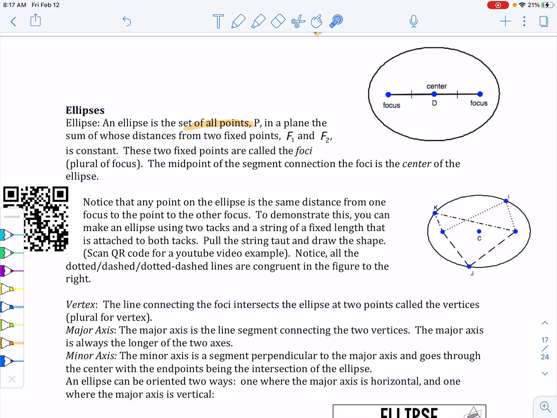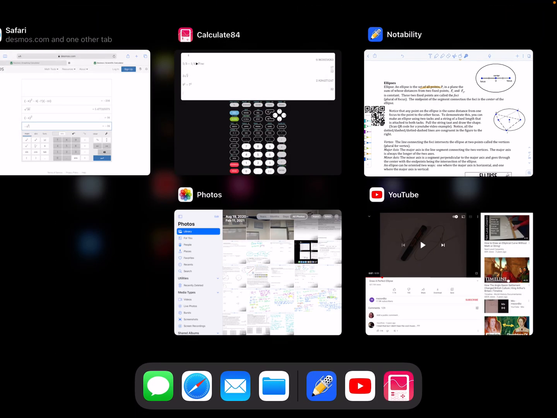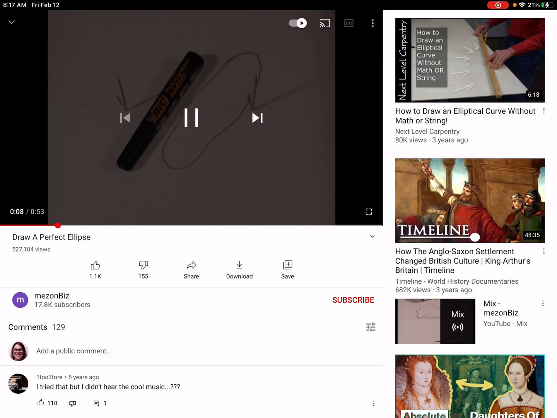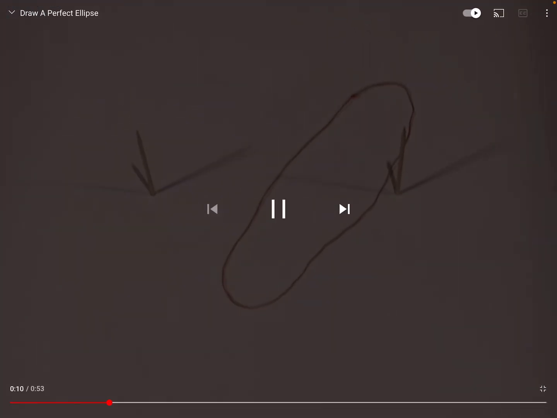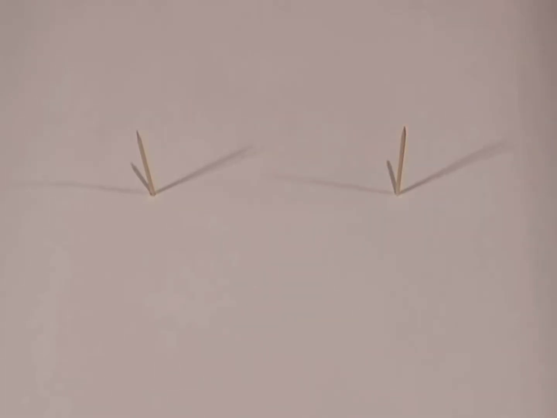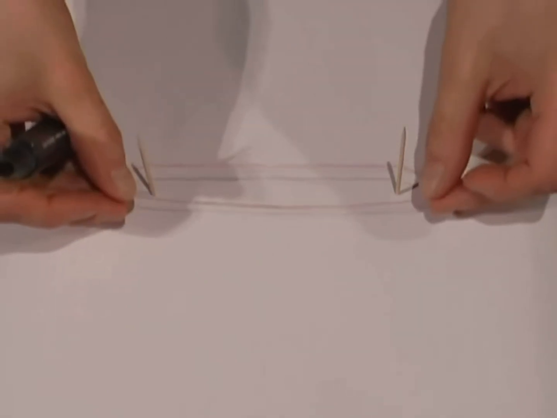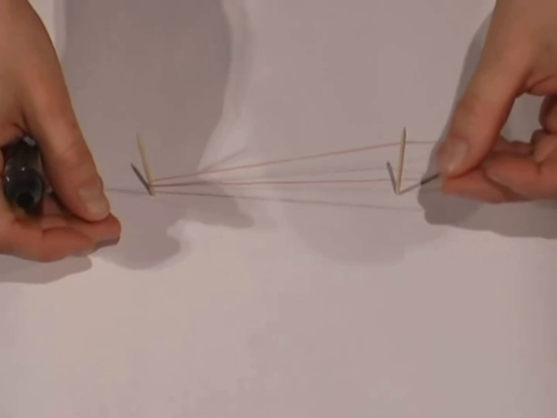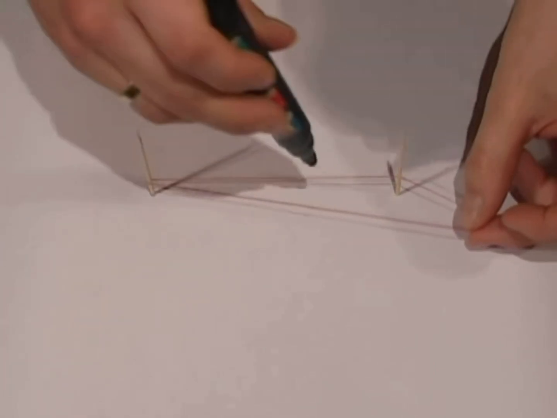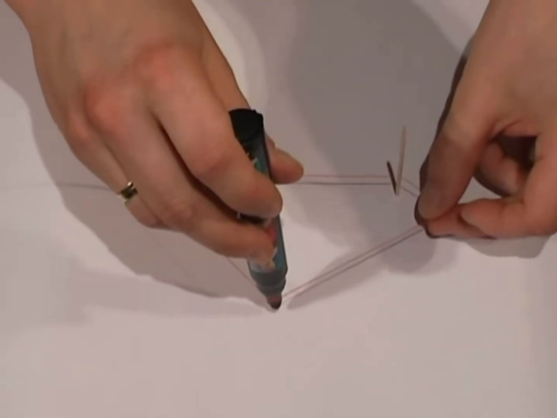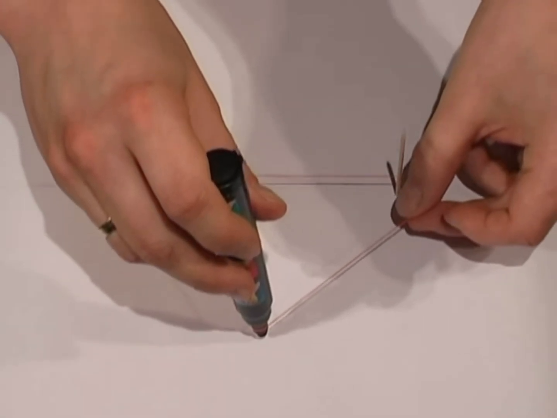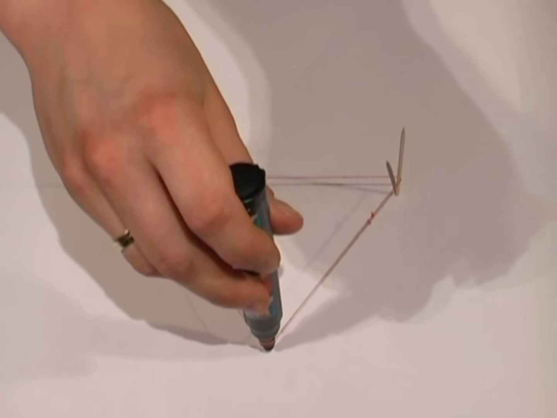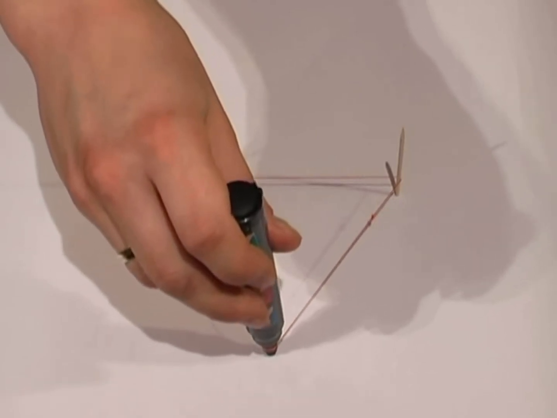So what it looks like when you create it is like this. We're going to watch this little video. The toothpicks are the foci. Then they're creating the two side lengths.